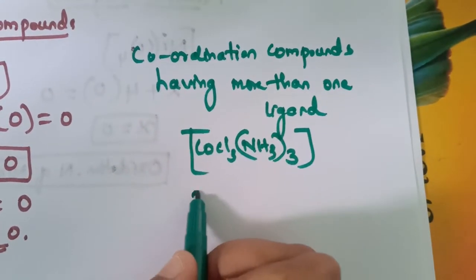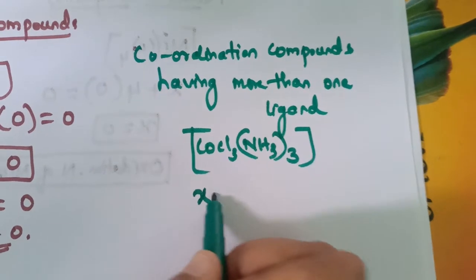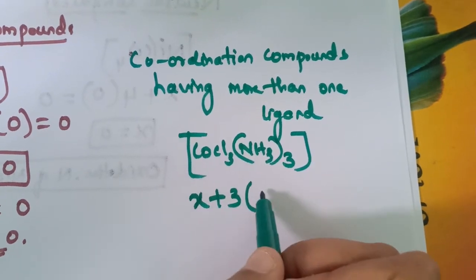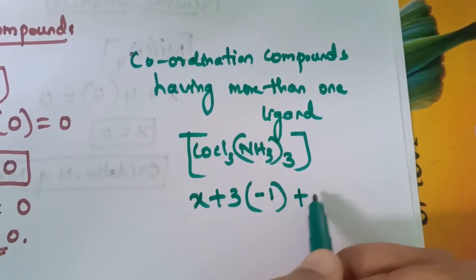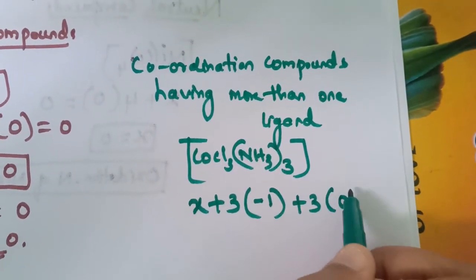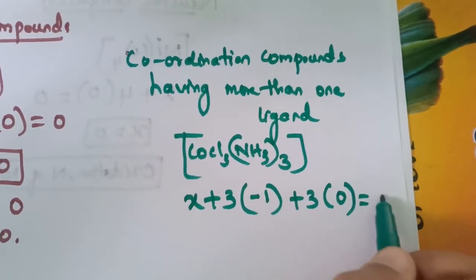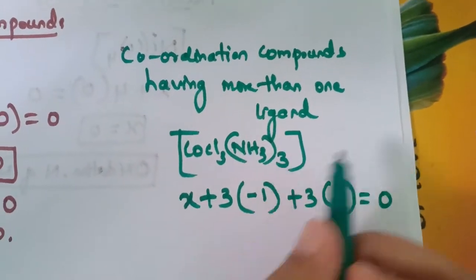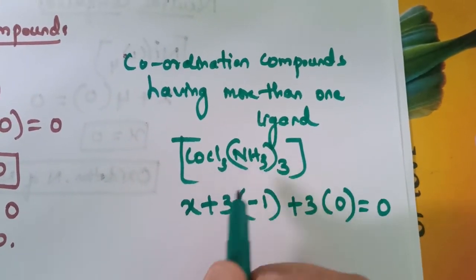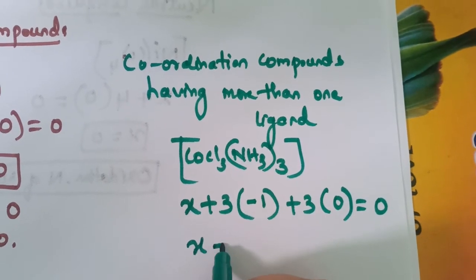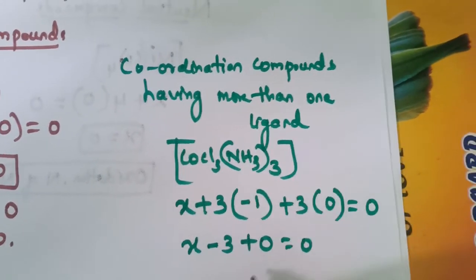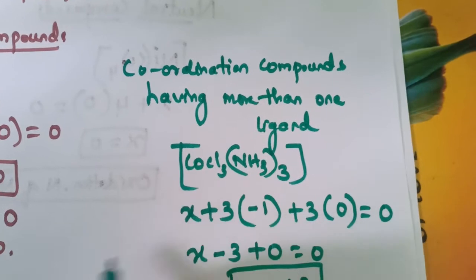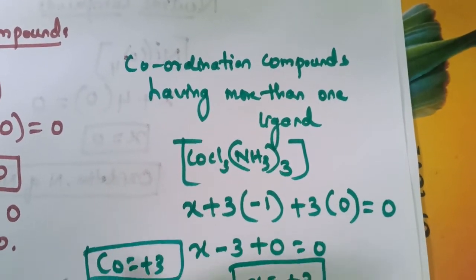We don't know this, so we will consider it as X, plus 3 times the oxidation number of Cl, minus 1, plus 3 NH3, which has oxidation number 0. It does not have any charge, so we consider 0. X minus 3 plus 0 equals 0. X becomes plus 3 here. The oxidation number of Co is plus 3 here.